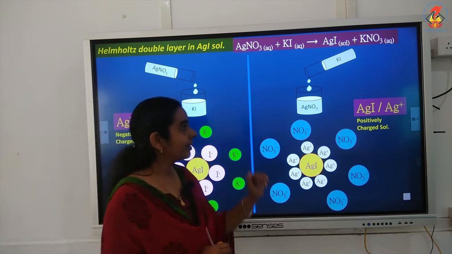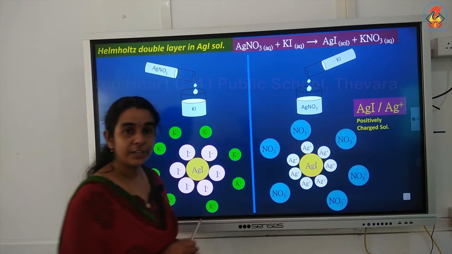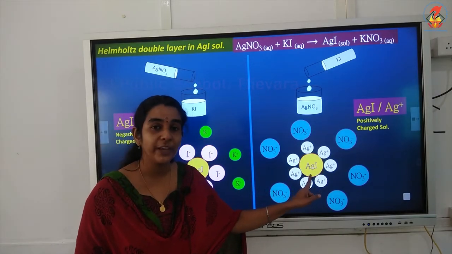Let us see the second case. In the second case, in the beaker we have silver nitrate solution. To that we are adding potassium iodide from the test tube. So what happens is that when silver nitrate reacts with potassium iodide, here also we get a precipitate of AgI.